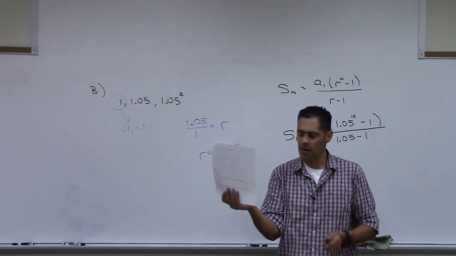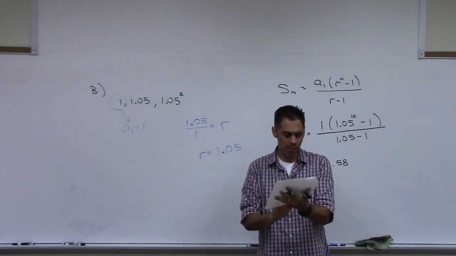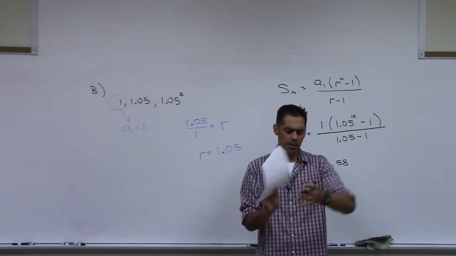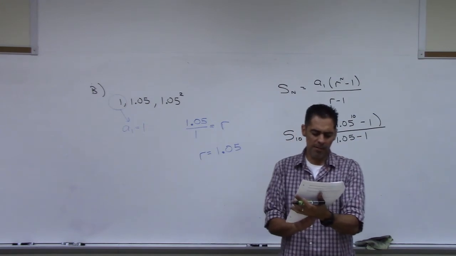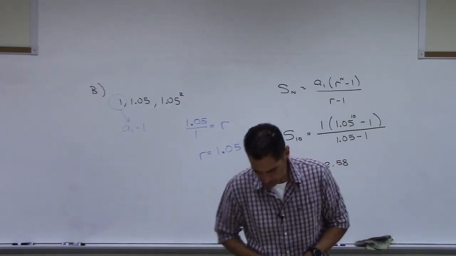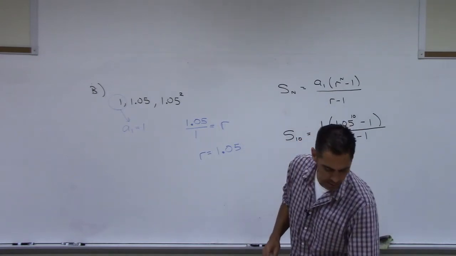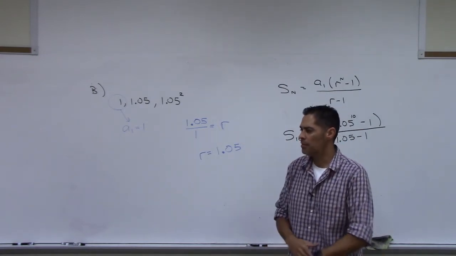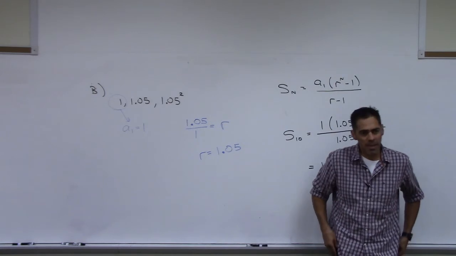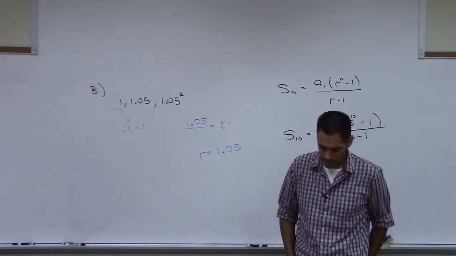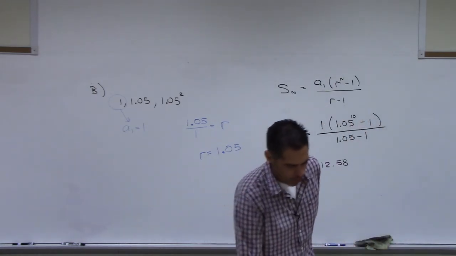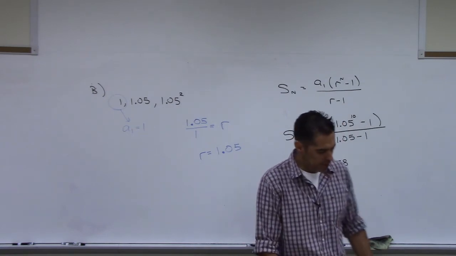You know what I'm talking about on the bottom? We only have about 12 more minutes, right? You end at 2:40? Number 5 and 6. That's pretty much exactly what we just did, but you're not being told whether or not it's arithmetic or geometric. So you have to determine that and then use the formula. And when you're done with number 5 and 6, let me know.